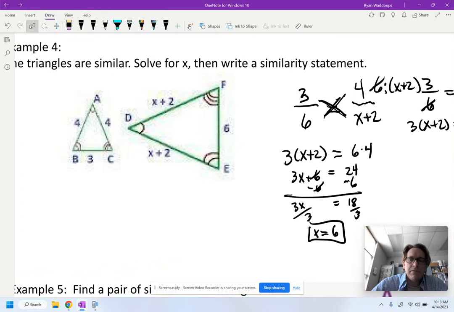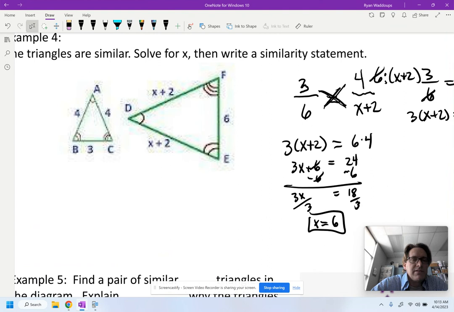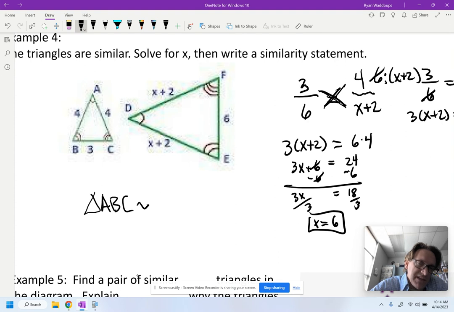Then it says to write a similarity statement. And so we can go back here to write a similarity statement, and we can write A to B to C, triangle ABC is similar. We started with the vertex in between the two equal sides. So over here, we're going to do the same thing.